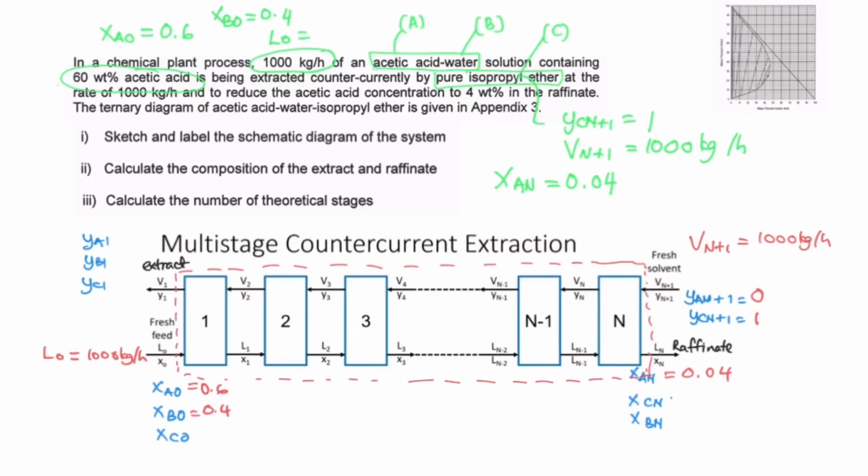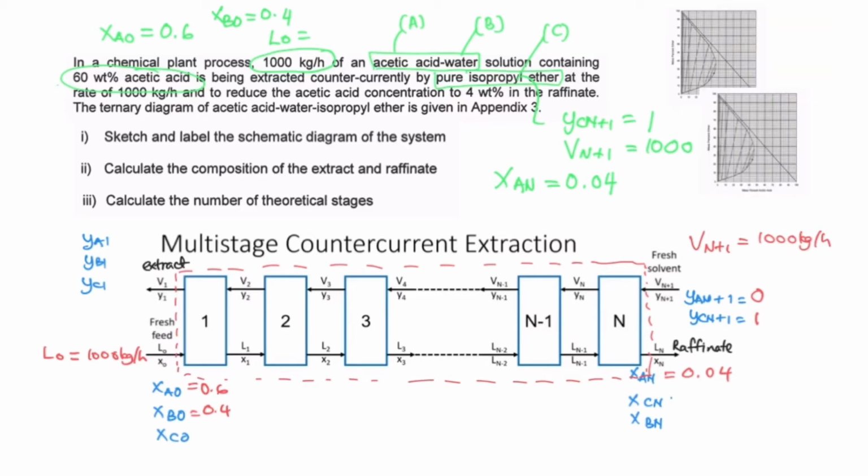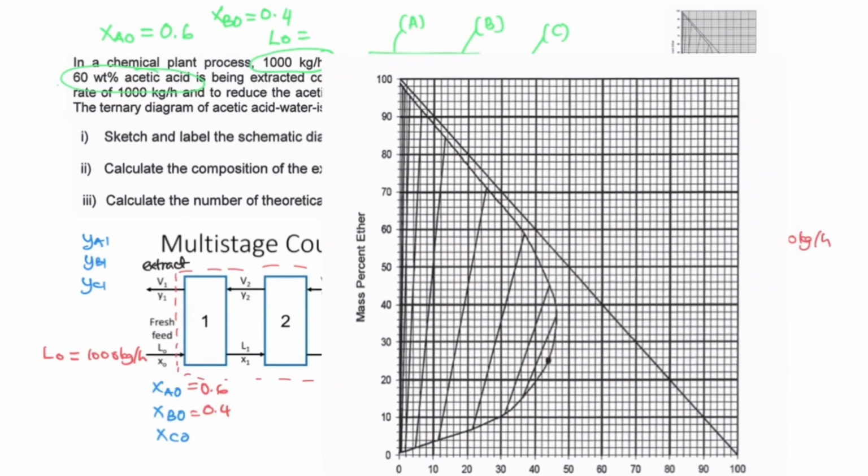Okay, so in order for us to draw everything, based on the data using the graph given to us, we at least need some information here. One, let's assume the raffinate composition and the extract composition are in equilibrium state. Therefore, if they are in equilibrium, so look at our graph.